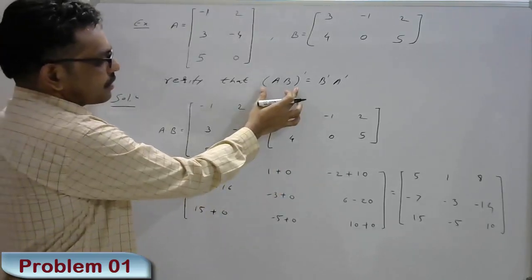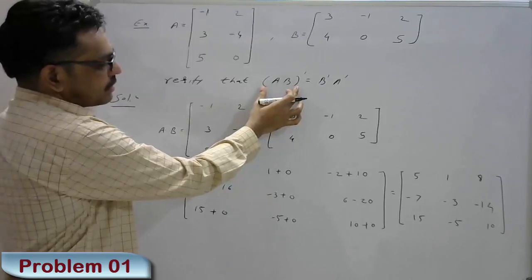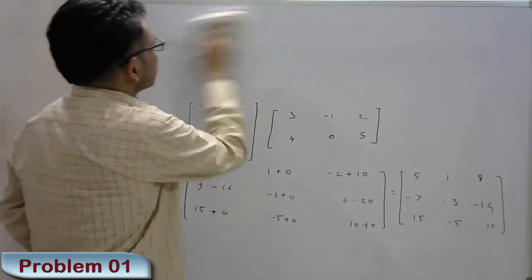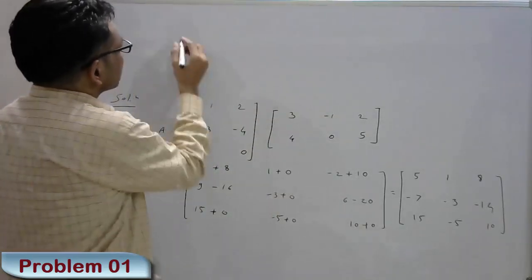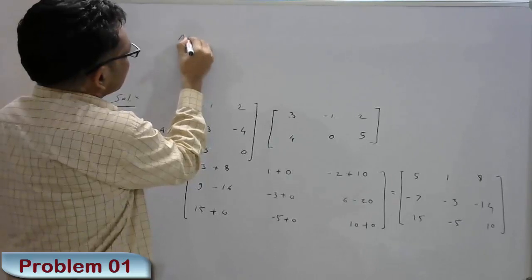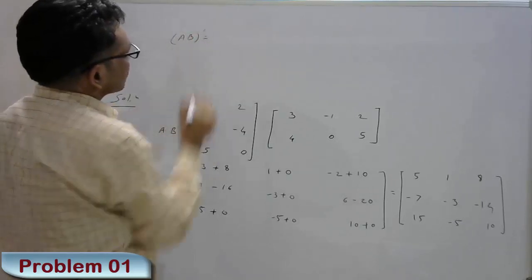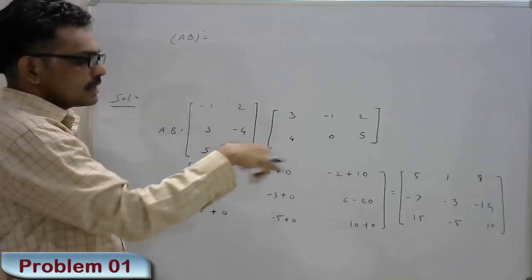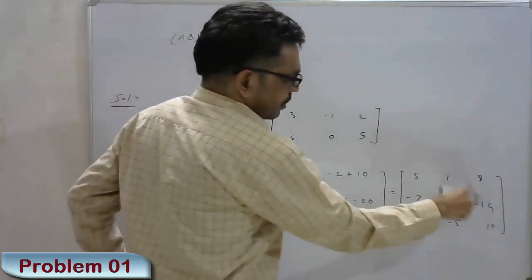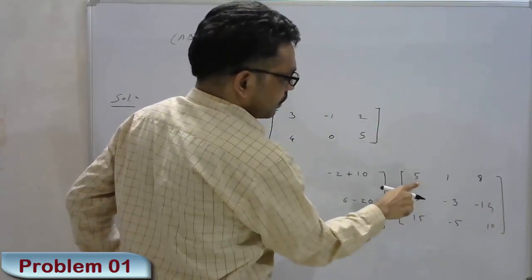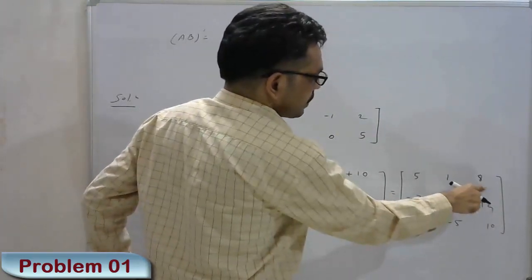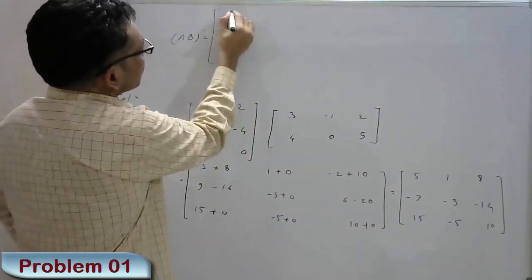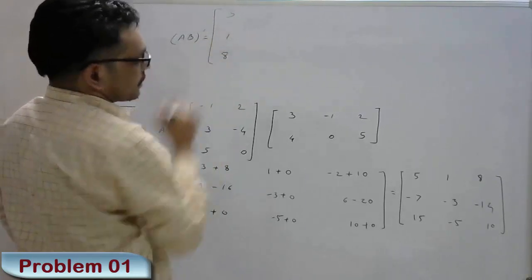Now we will find the transpose of this product. Therefore, the transpose of AB is obtained by interchanging the rows and columns of this matrix. Therefore, its first row 5, 1, 8 is interchanged to a column.